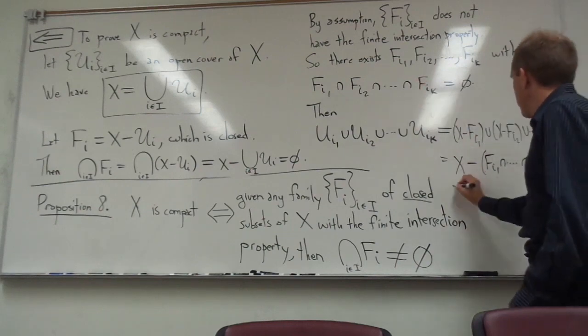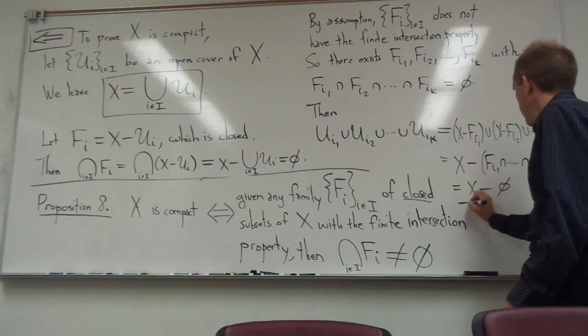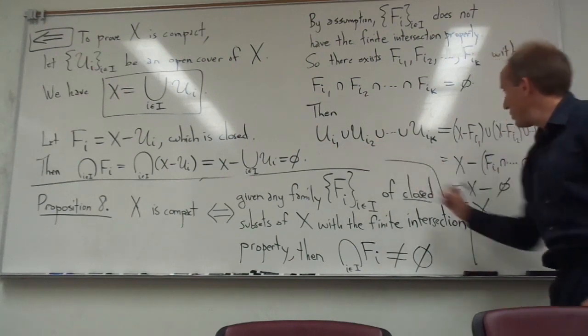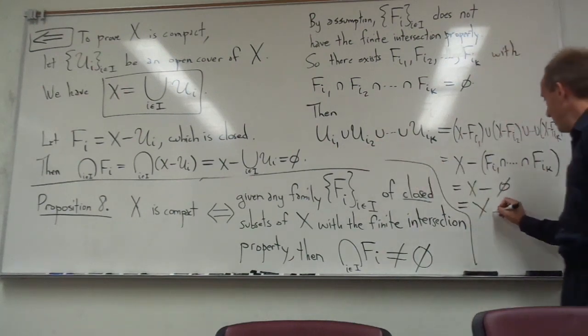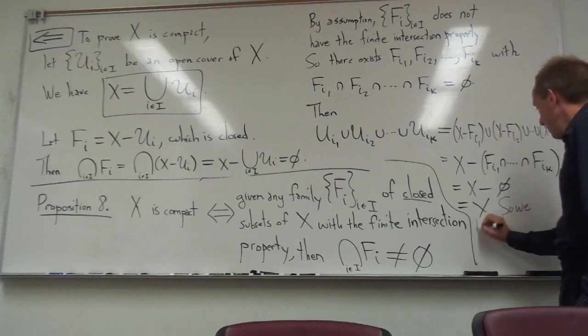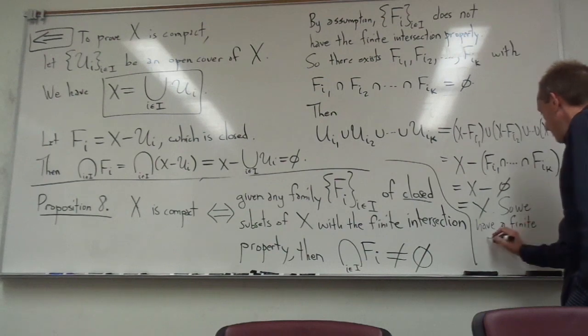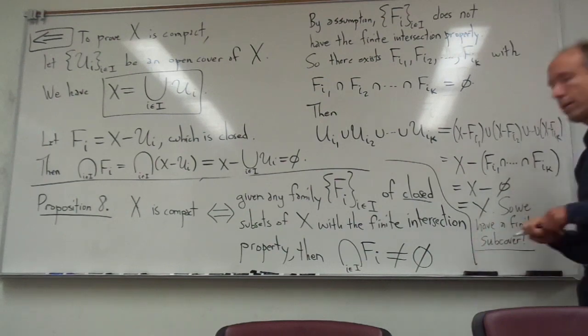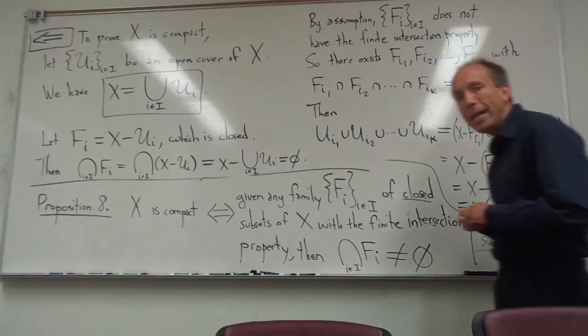But that intersection was empty. So I just get X. So we have a finite subcover in that case.